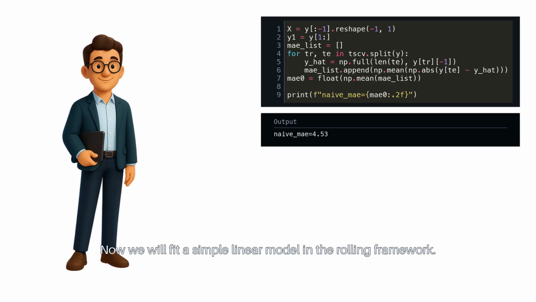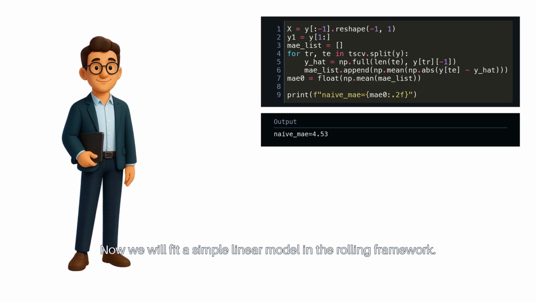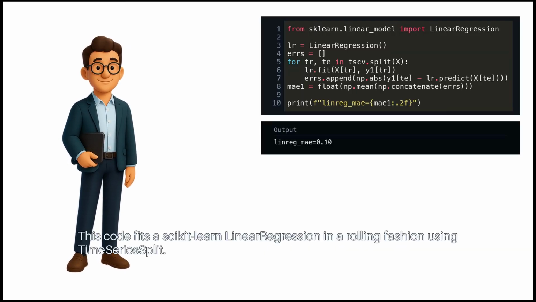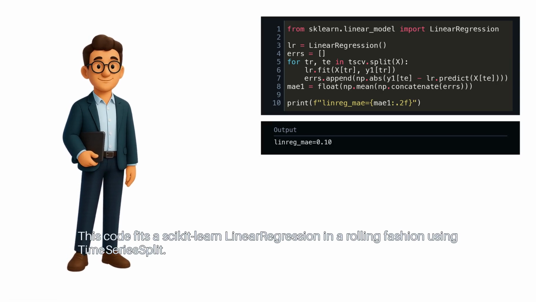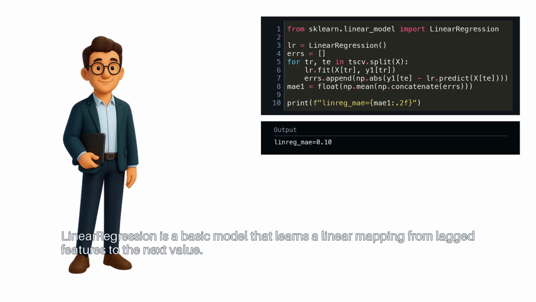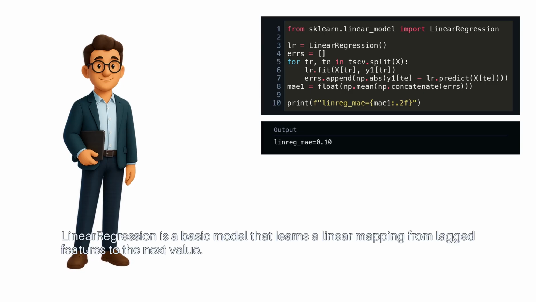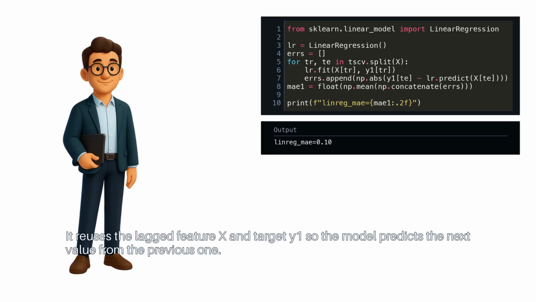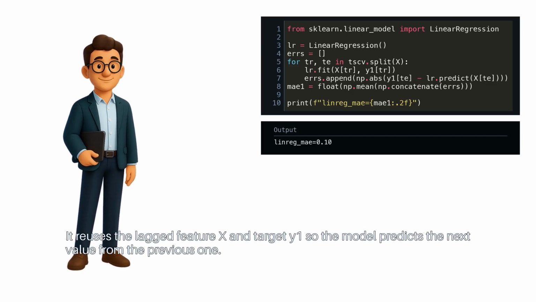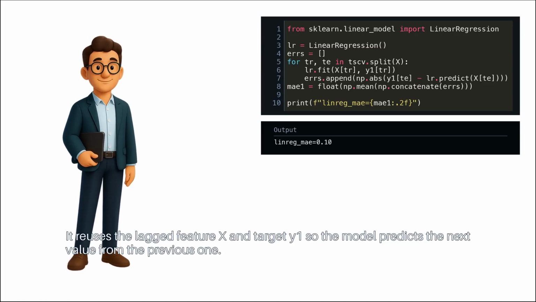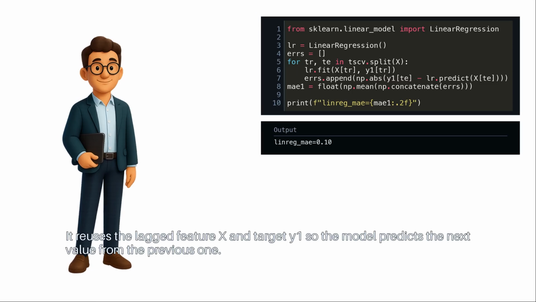Now, we will fit a simple linear model in the rolling framework. This code fits a scikit-learn LinearRegression in a rolling fashion using TimeSeriesSplit. Linear regression is a basic model that learns a linear mapping from lagged features to the next value. It reuses the lagged feature X and target Y1, so the model predicts the next value from the previous one.